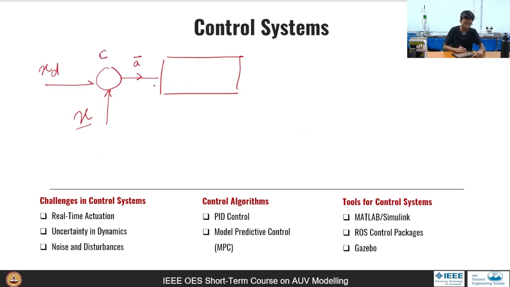This actuation command will result in the AUV taking some action in its environment. This will result in a new state for the AUV, and that new state will again be passed with a new reference desired state, and the controller will keep on generating a new action for the AUV to track. This is essentially called the feedback loop.